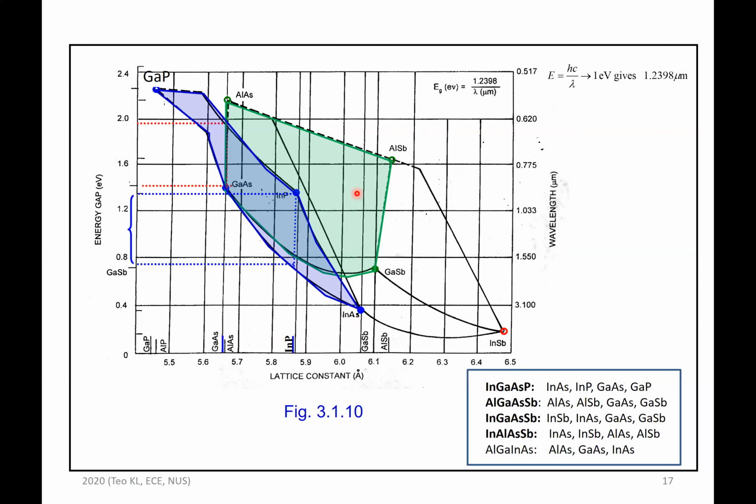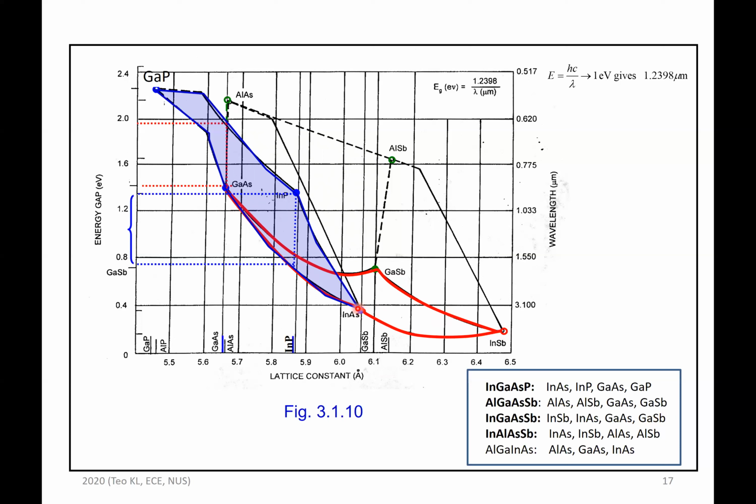Next, I can grow indium gallium arsenide antimonide, and these are the four endpoint semiconductors: gallium arsenide, gallium antimonide, indium arsenide, and indium antimonide.